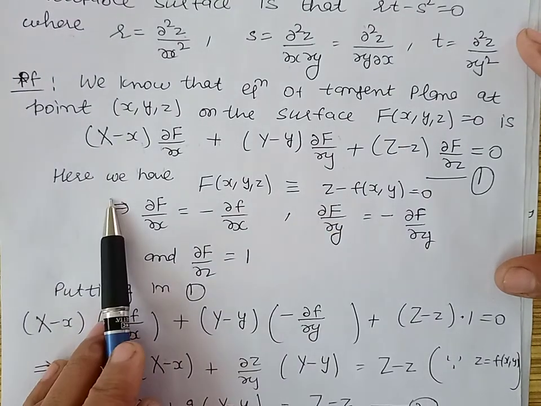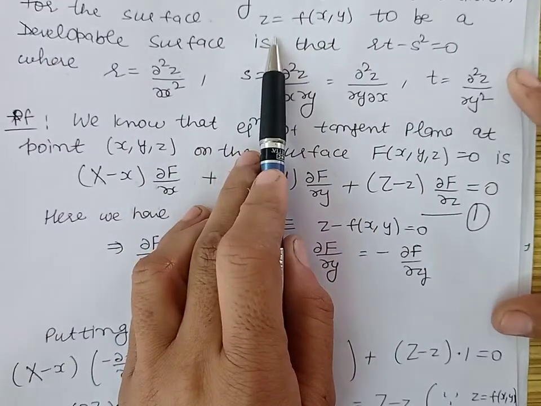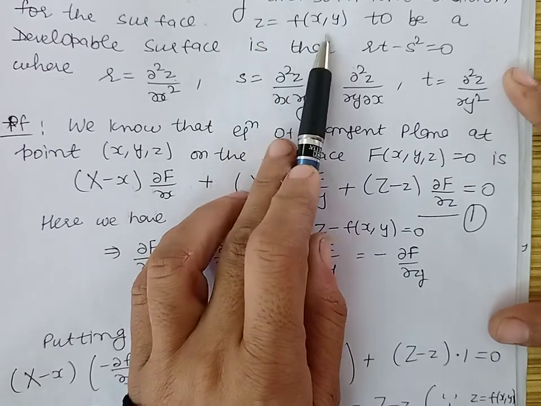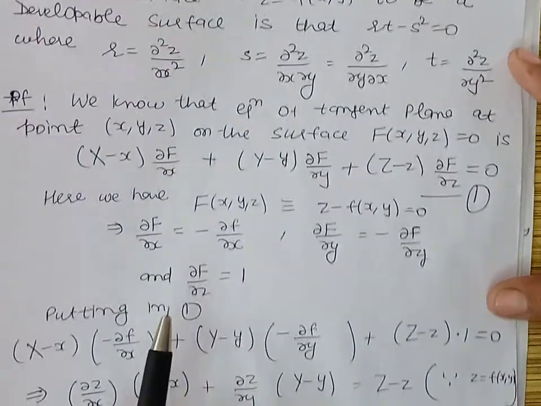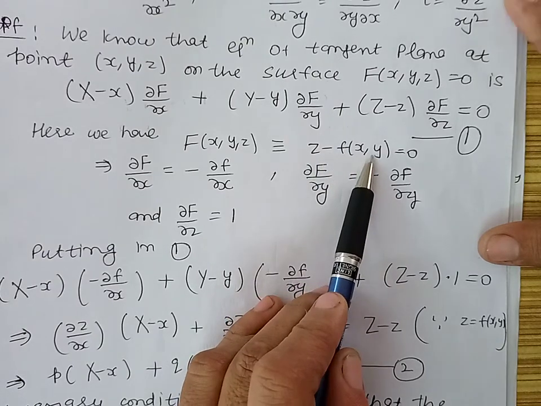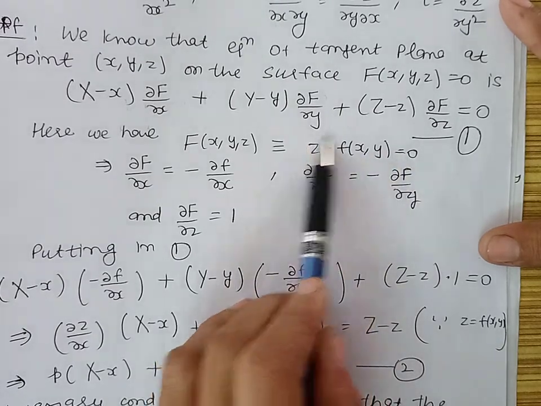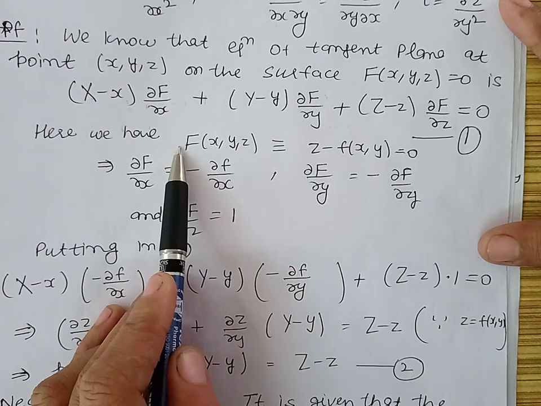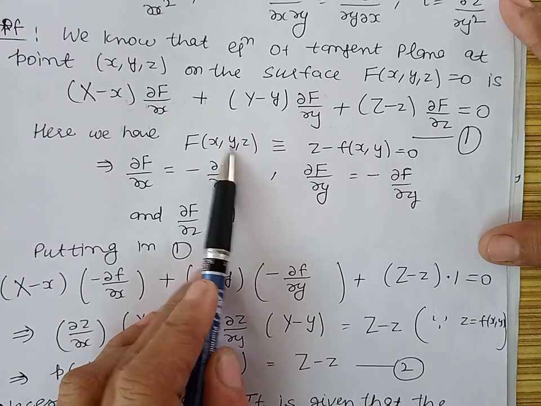Now here our given surface is the Monge surface, z equal to f(x, y). We can write it in the form z minus f(x, y) equal to 0. Let us denote this by capital F, which is a function of x, y, z.